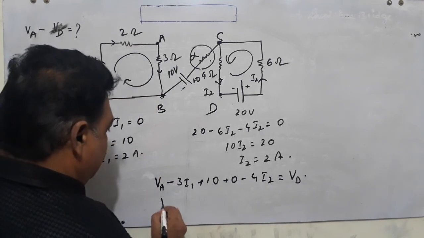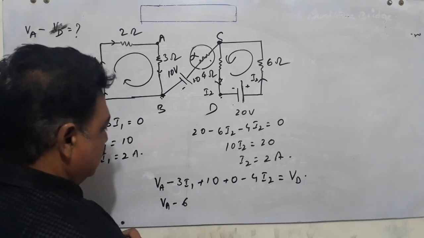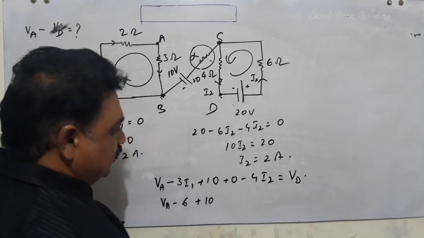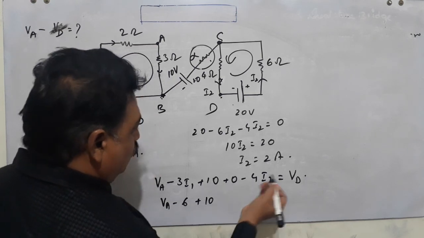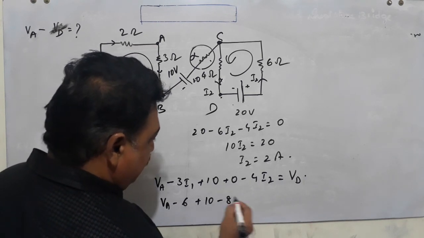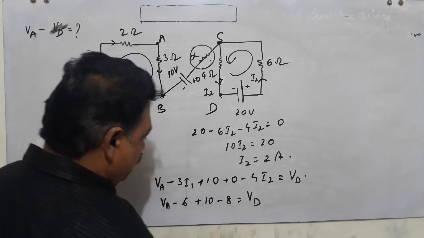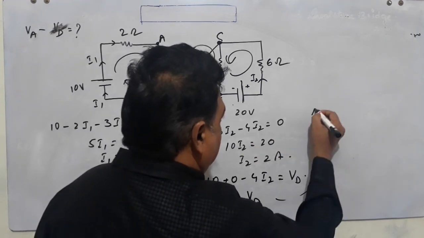And here VA minus 3I1, that is 6, plus 10, minus 4 twos, that is 8, is equal to VD. So I am going to find VA minus VD.